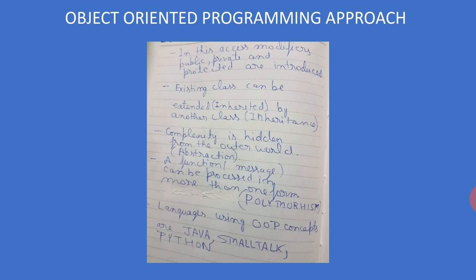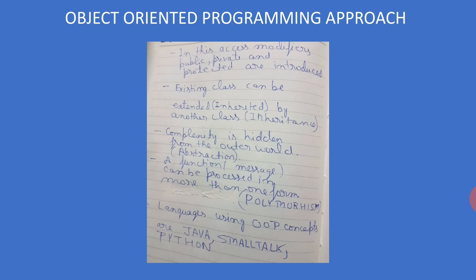In procedural programming also reusability was there, but that was only limited to calling function any number of times. But here we can create a new category by using the existing one. Means the data members and the member function of one class are going to be there in the new class or the new category, but it will be having its own features, its own behavior, or we may say its own data member and its own function as well. So that is the power of inheritance that gives us the reusability.